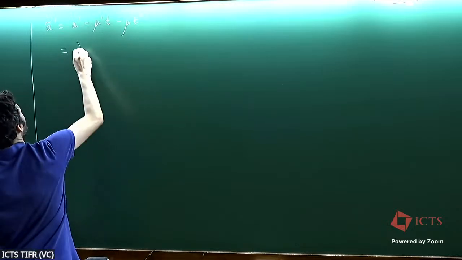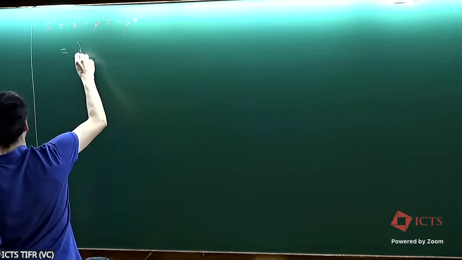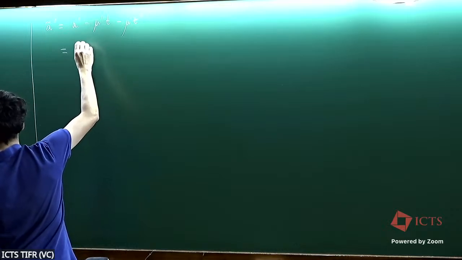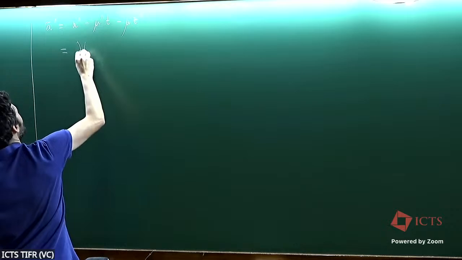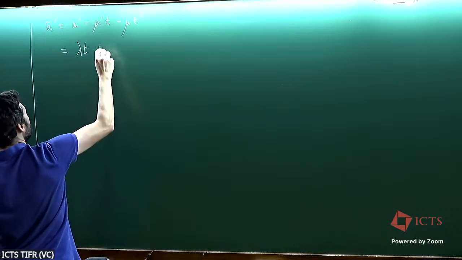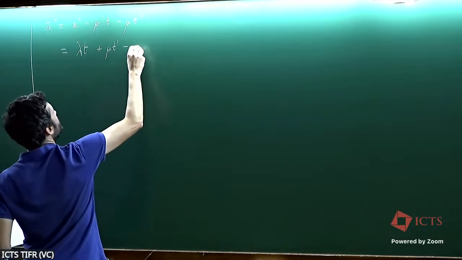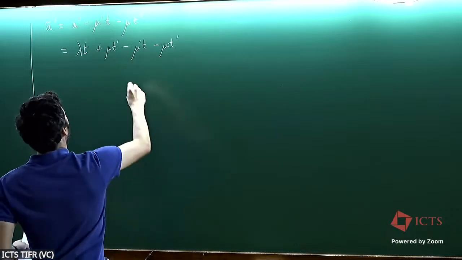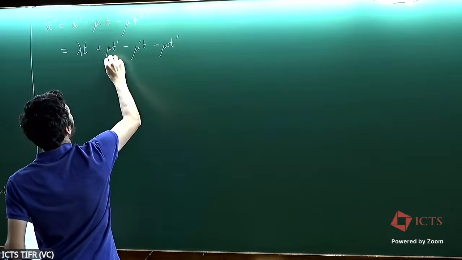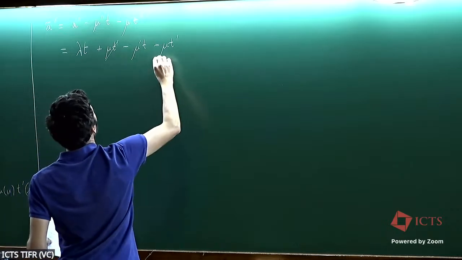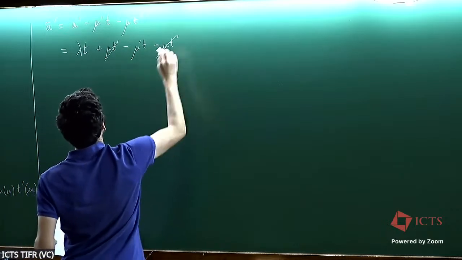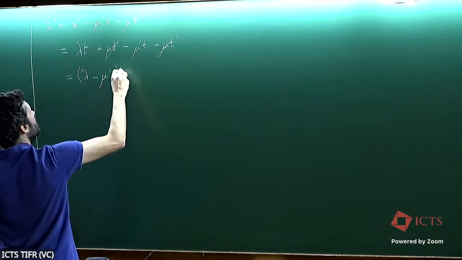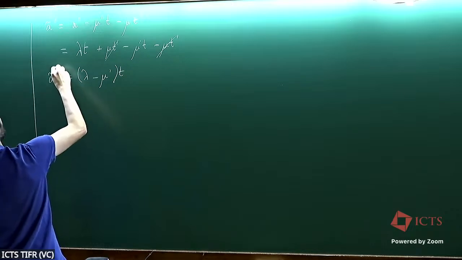So this is lambda a prime is lambda prime. No. Okay, sorry. Yes, thanks. Thanks for your help. So lambda t plus mu t prime minus mu prime t minus mu t prime, the mu t prime cancels, and I have lambda minus mu prime t. Okay.